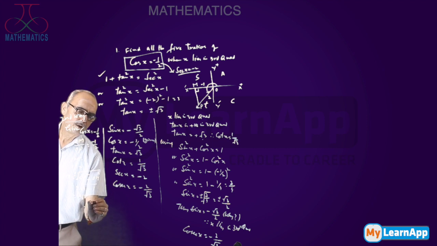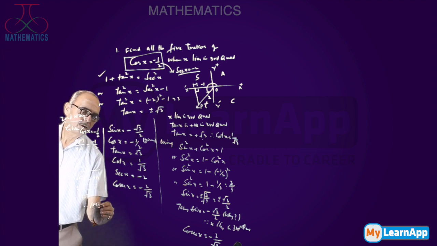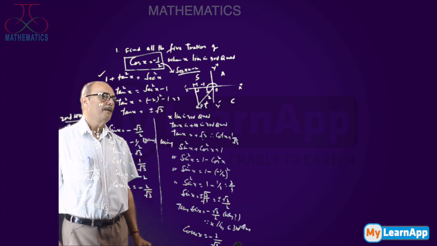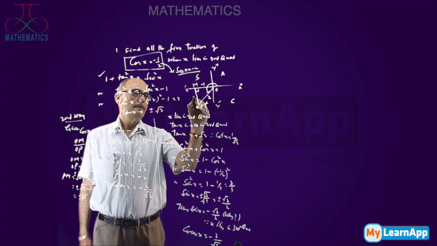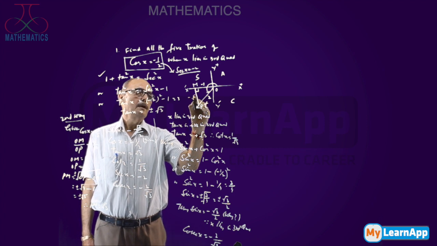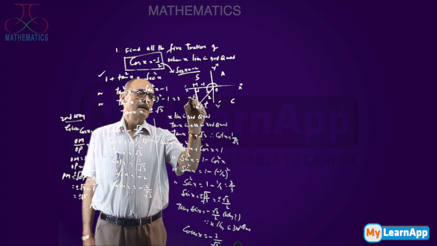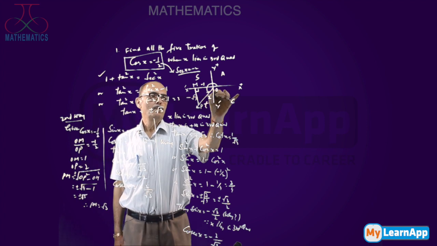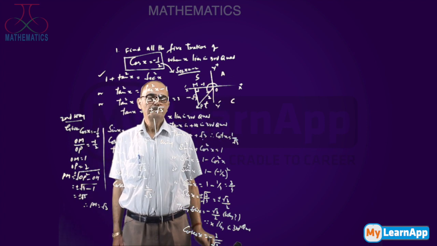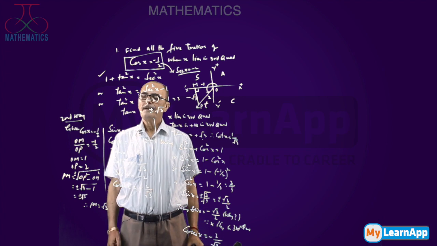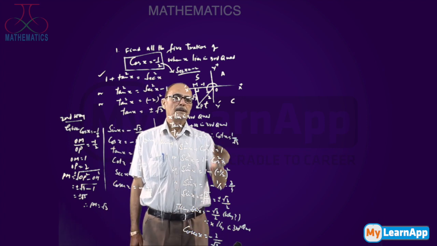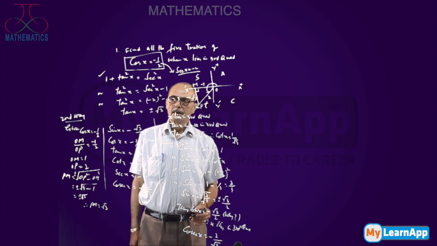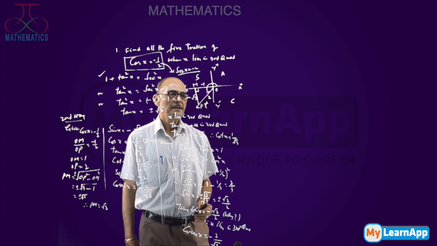So therefore, the length of PM is root 3, and this is minus root 3. Mind it, learn this: the minus indicates whether it is parallel to OY dash or O plus Y. So now you can find out the other trigonometric ratios by using the sides of this right angle triangle.